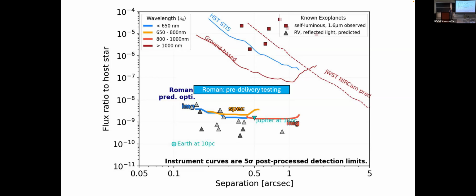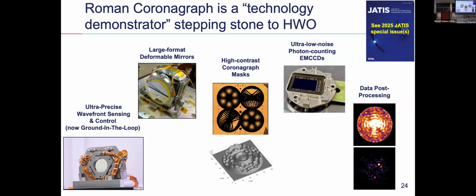So Roman coronagraph is designed as a technology precursor for habitable worlds rather than primarily as a science instrument. Our main purpose here is to prove out a fair number of different technologies that we think something like habitable worlds might need, but have never been proven in space up till now.